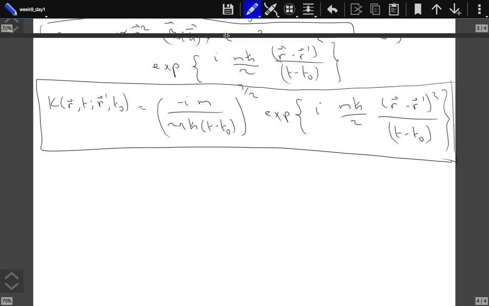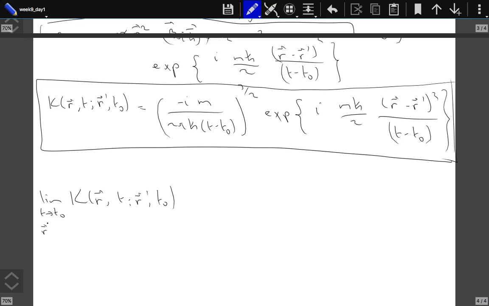Now let's try to understand what this function actually is. Okay, we can evaluate it in some simple cases, but how can we interpret this function? Now let's first look at the limit when t goes to t0.